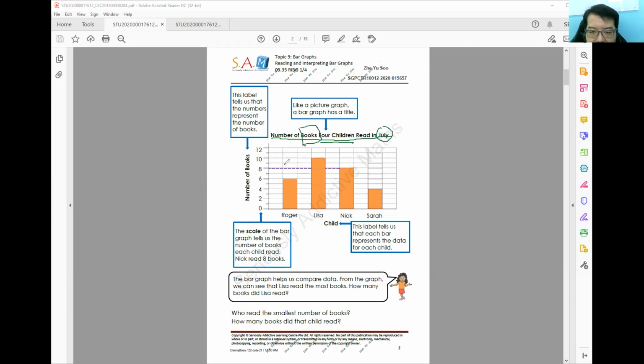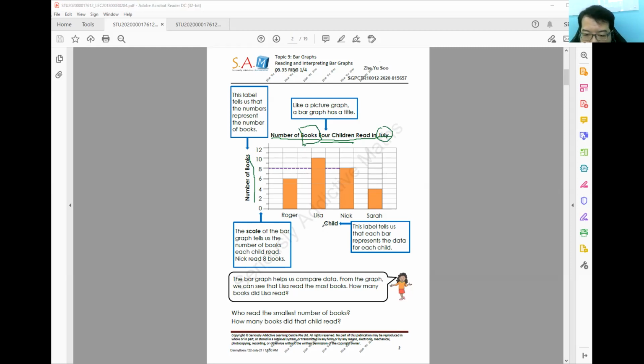Now for this side of the information, the number of books, this is the label that tells us the numbers represent the number of books. So 8 means Nick read 8 books.